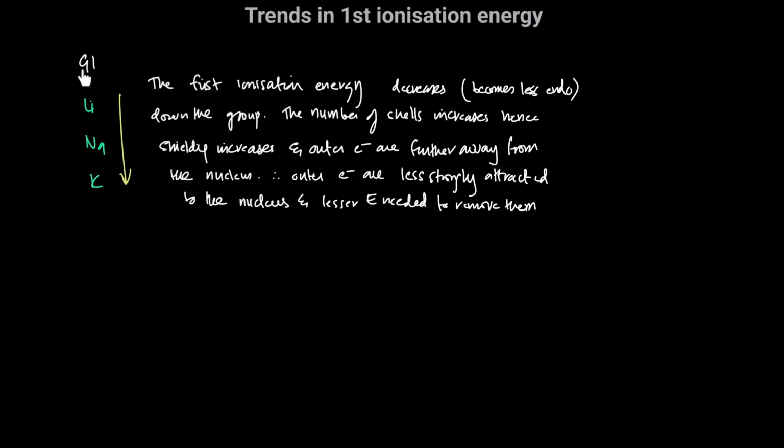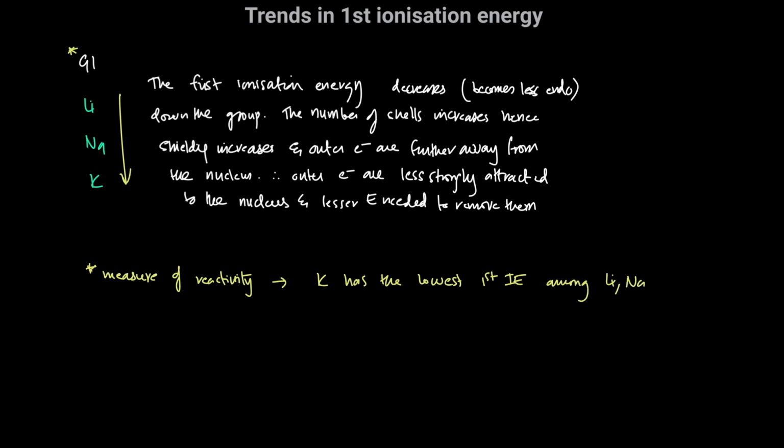Especially for the group 1 elements, it's also a measure of reactivity. We know that because potassium has the lowest first ionization energy of the three, among lithium, sodium, and potassium, it implies that it is the most reactive.